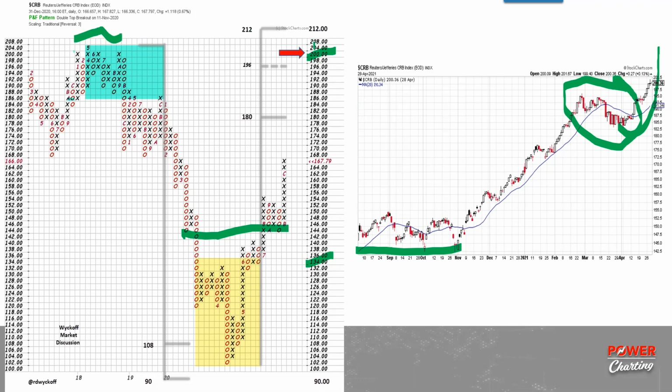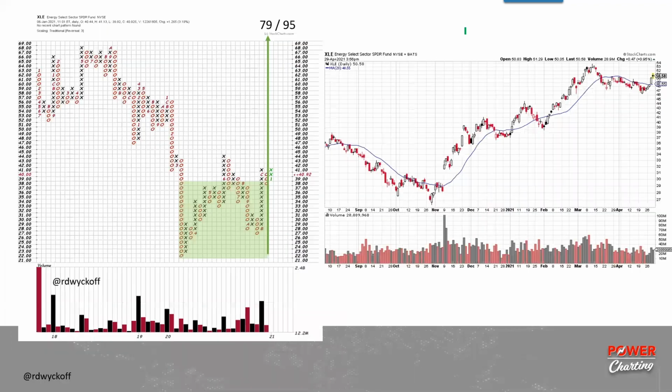It's fulfilled a count objective here. And so we will be watching closely to see whether or not the CRB is going to find a pause, especially now that the Fed is telling us that inflation might be a little overheated. So that's a classic top line headline issue that markets love to pause into.